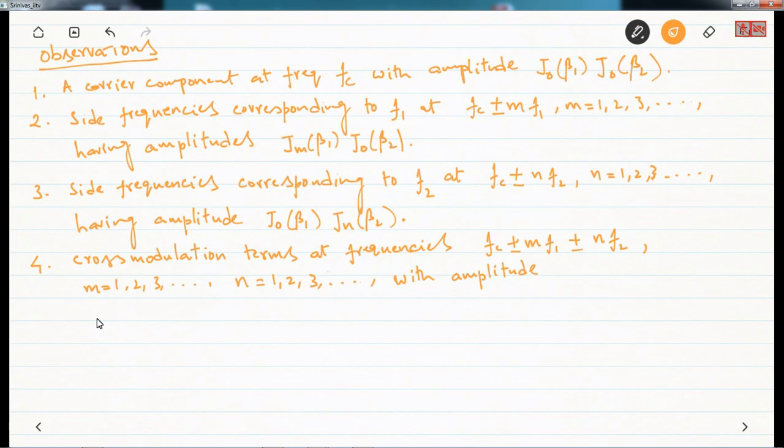What is the amplitude now? Jm of beta 1 and Jn of beta 2.